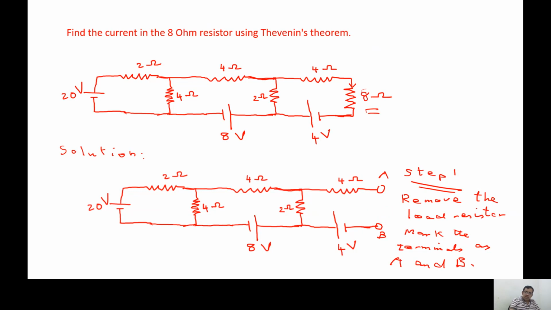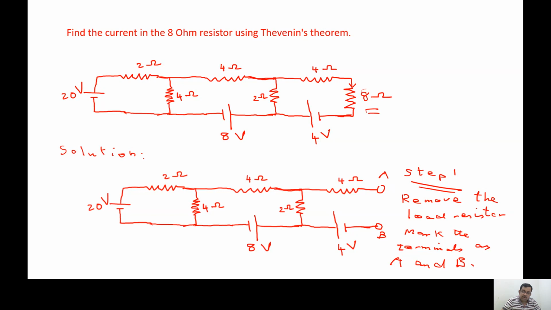So how do you do it? In this circuit we have simple DC sources. If I take a voltmeter and measure across the terminals A and B, I will know the potential difference across AB.